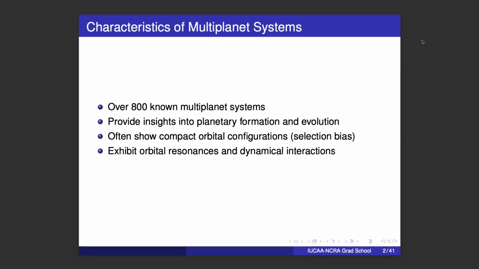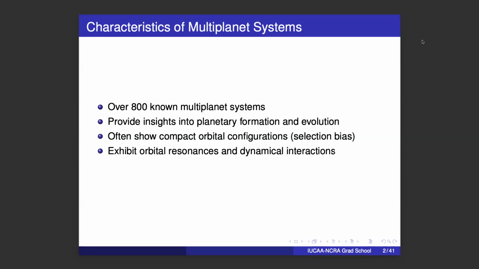Both of them are sensitive to the sin i factor. So if it is face on, there's no radial velocity and there's no transit. Whereas if it's exactly edge on, you'll see transits and you'll also see the maximal value of sin i, therefore nice radial velocity variations.